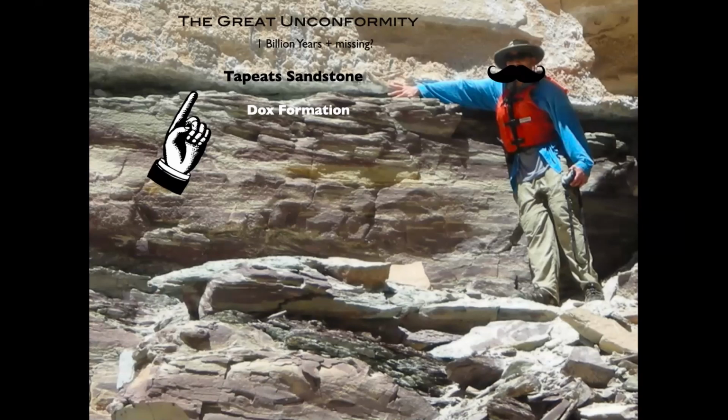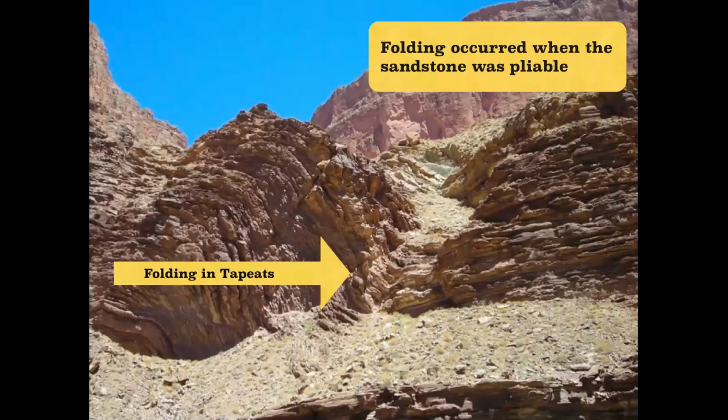And my friend there, Ting, is a professor of Greek out in San Francisco at Golden Gate Seminary. He's got his hand literally on the Great Unconformity in the Grand Canyon. And so, yeah, it's a problem for your typical understanding of geology.